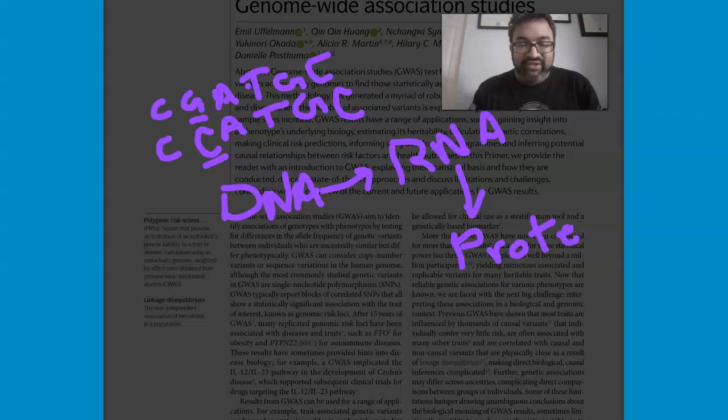Another difference between DNA and RNA is that DNA typically has thymine as a base pair, and that thymine is replaced by uracil in transcription. So this is the central dogma: this is transcription, and down here is translation.